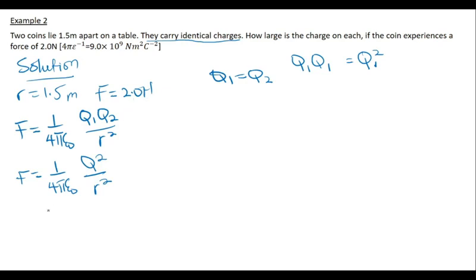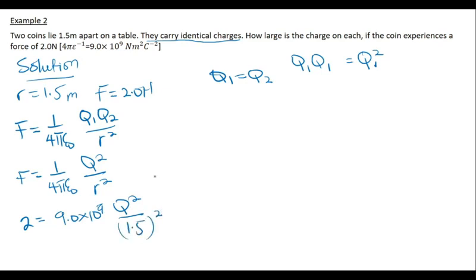So we can now substitute all that we have been given in the question, and then we solve for our charge. So our force 2 is equal to our constant, which is given to us as 9.0 times 10 raised to the power 9, q squared over the distance, 1.5 all squared.